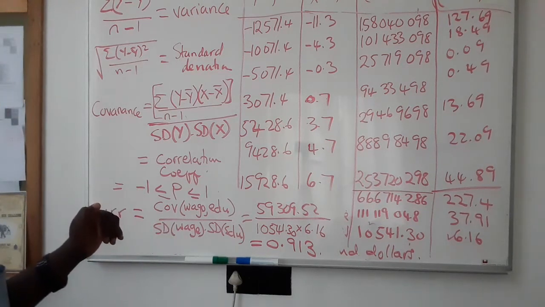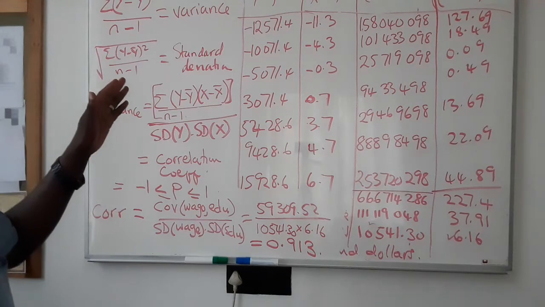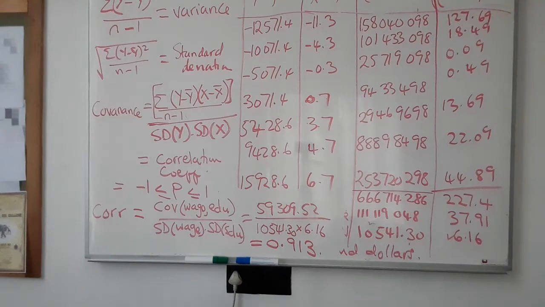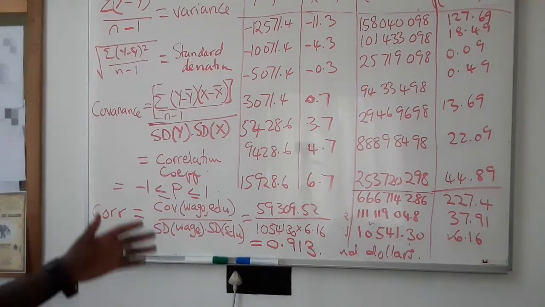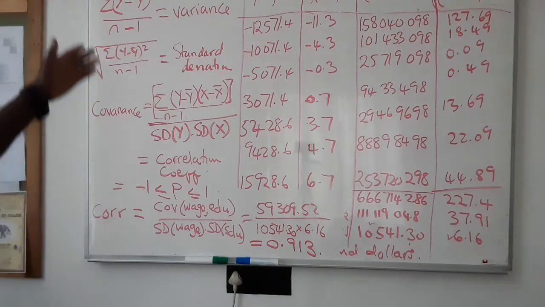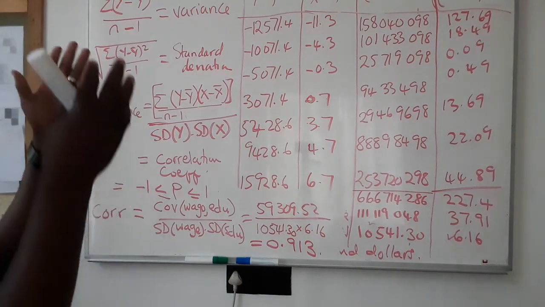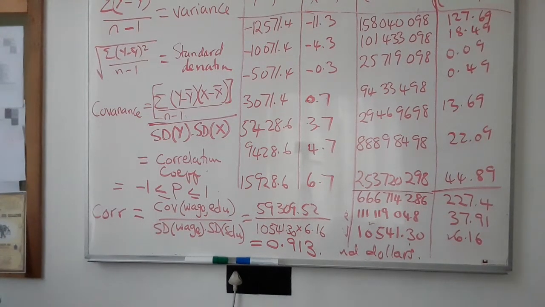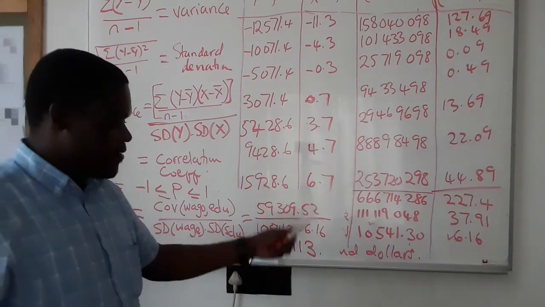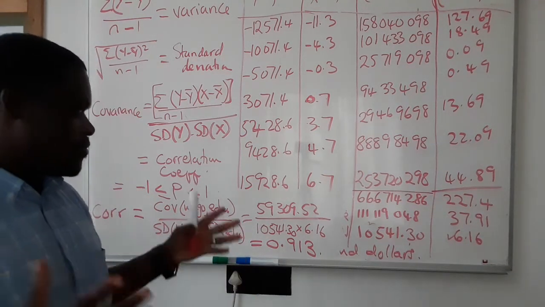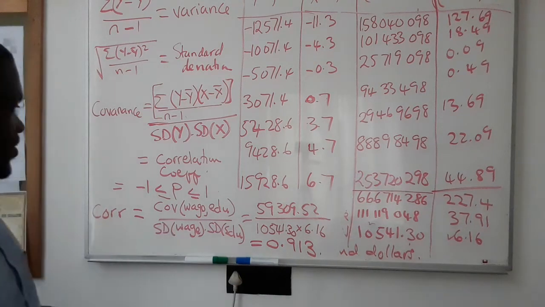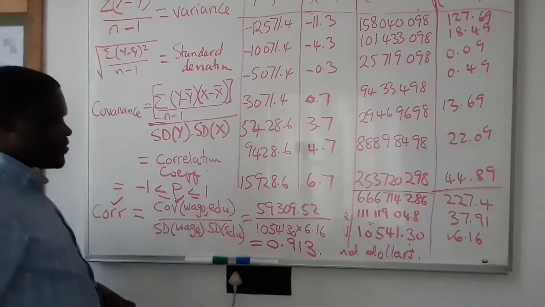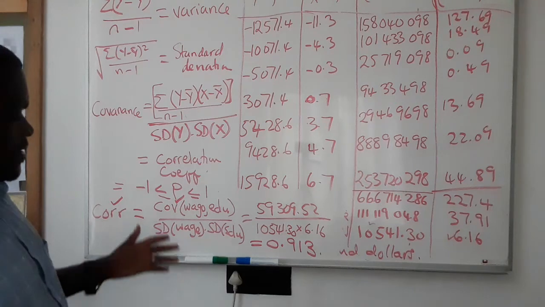In other words, in our data, we have seen that as you increase the number of years of schooling from 0 to about 18 when you get to masters, your earnings are going up. That linear relationship, which shows that as this one goes up, that one goes up, is very reliable. A very strong linear association of 0.913. So what you see here is that there is a relationship between correlation and covariance. Isn't that wonderful?